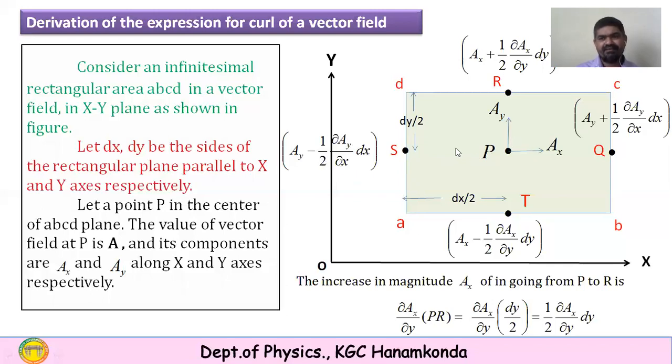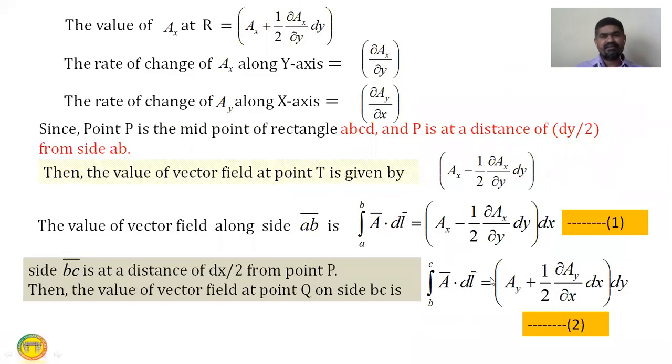In this way, we can calculate the field values at the midpoints of the sides at T, at Q, at R, and S. These are the component values. Let us see how the curl is derived. The value of Ax at R is given by, as we have already discussed, Ax, the value at P, plus the increment.